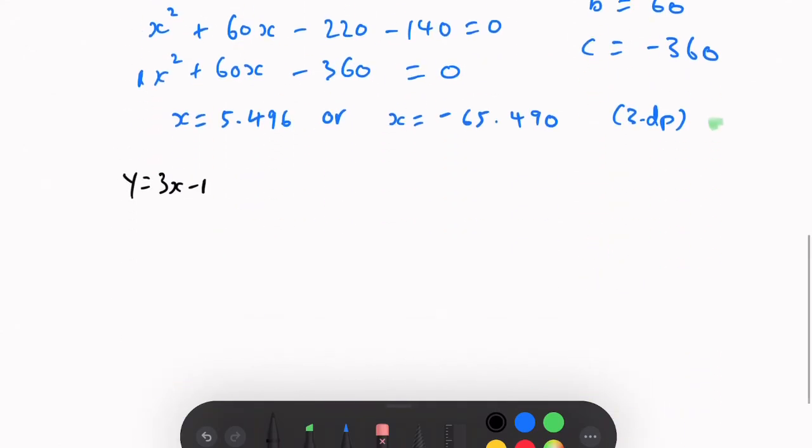So y equals 3x minus 11 and 3 bracket 5.496 minus 11, and that would, on the calculator, give 5.488, and do the same here.